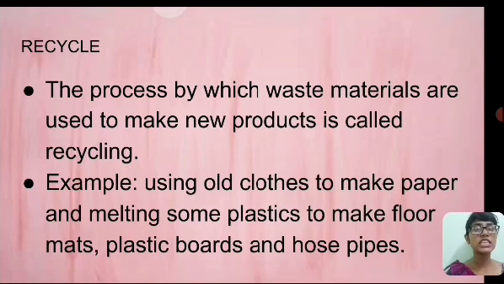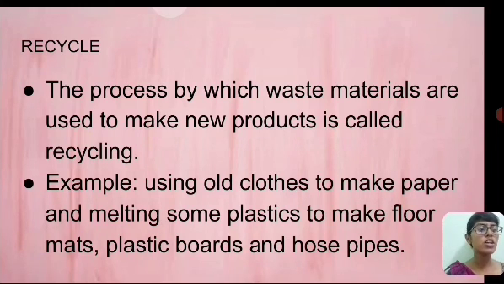Now we see the third R, recycle. The process by which waste materials are used to make new products is called recycling. So this is the definition of recycle. The process in which waste materials are used to make new products is called recycling.